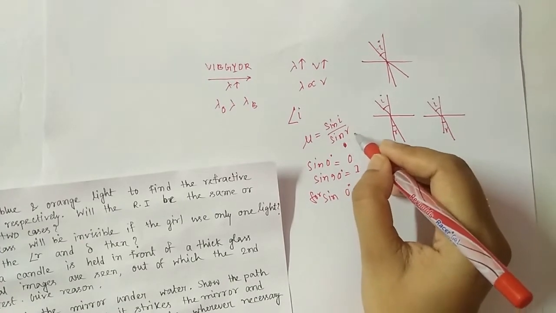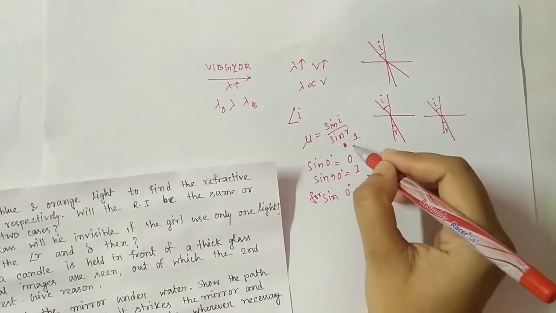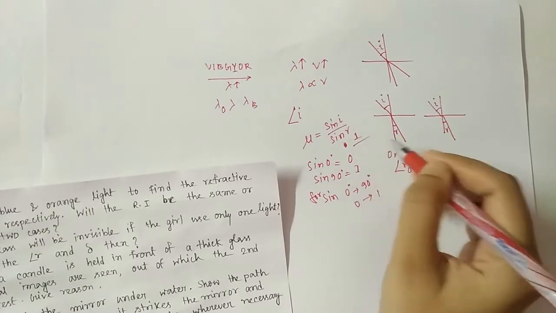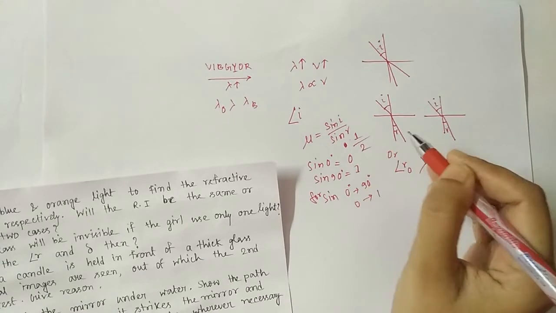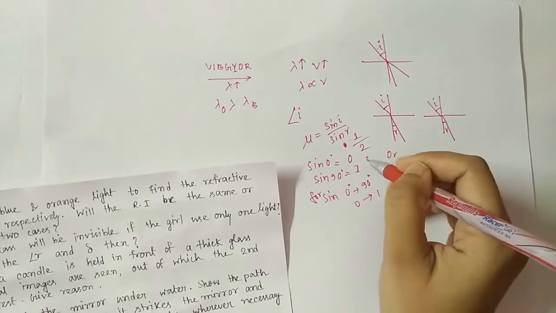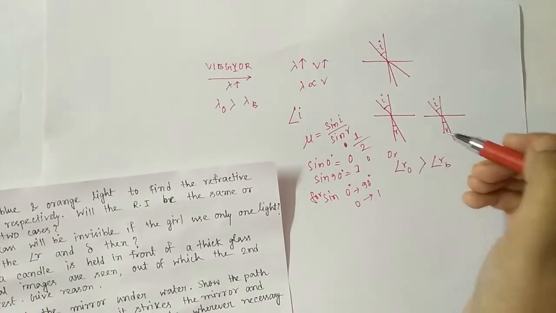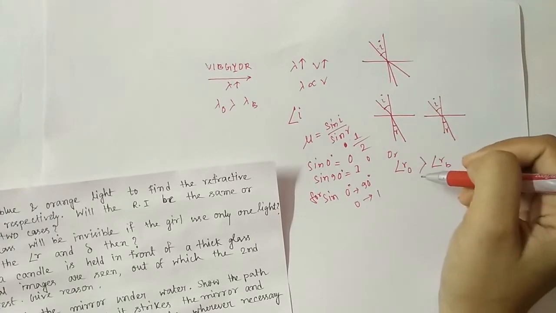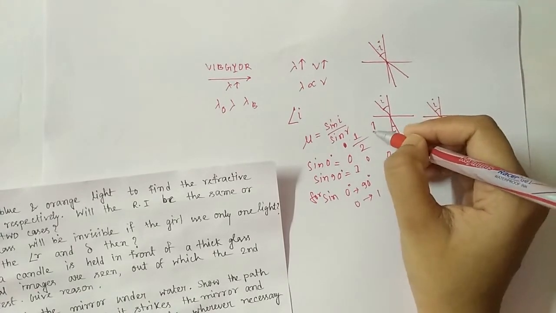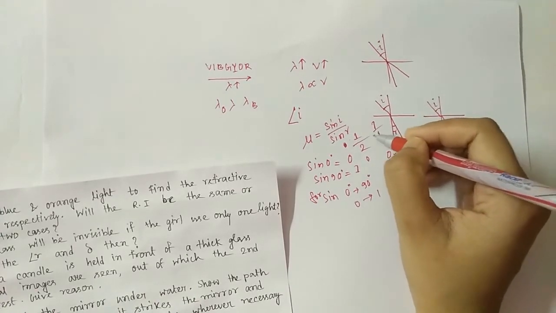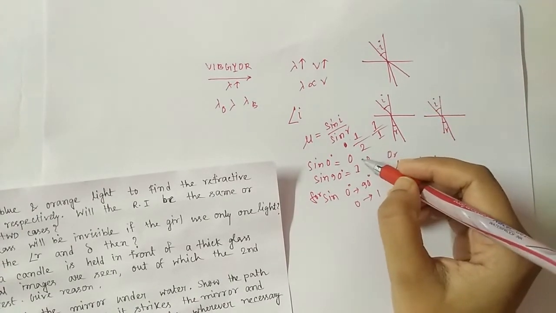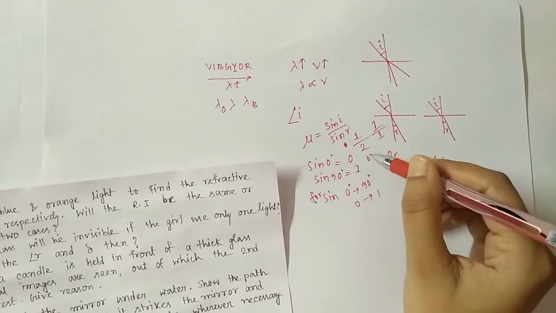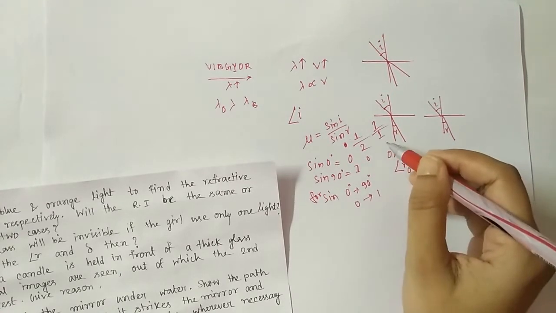So suppose here sin i is 1 and sin r is, suppose, 2 for orange light, and for blue light this is, suppose, 1. So what you can say is that the denominator value is decreasing from orange light to blue light.